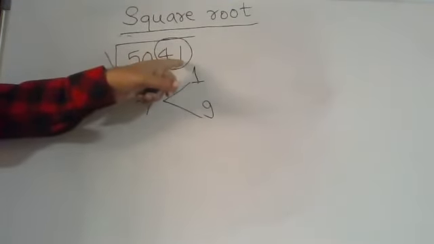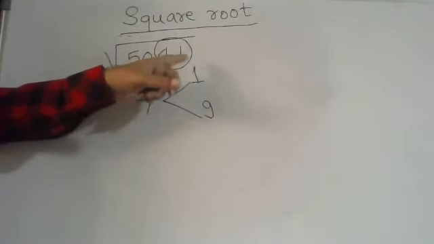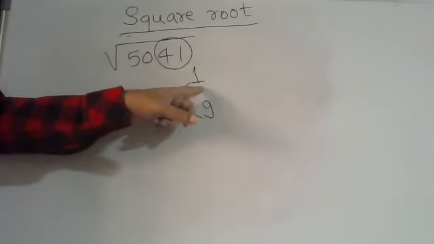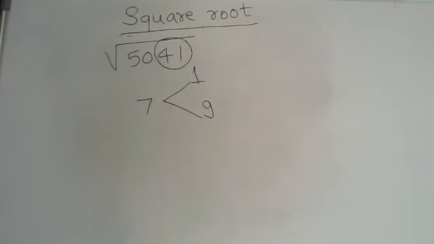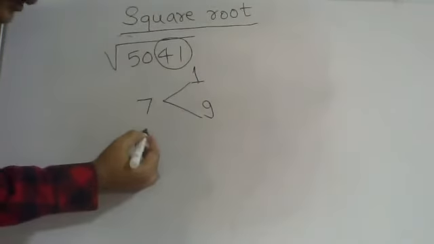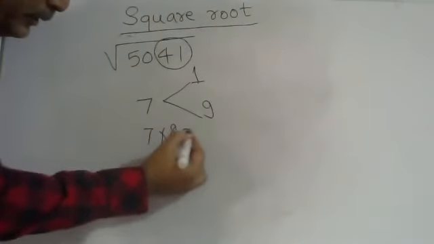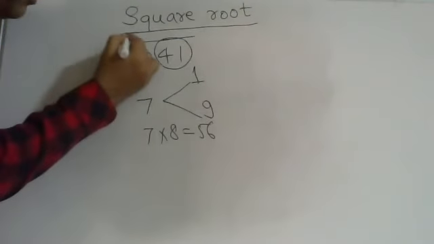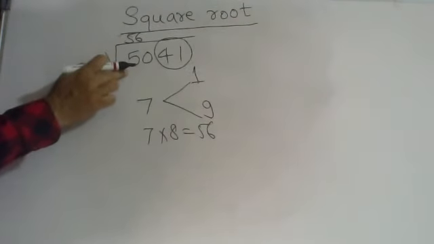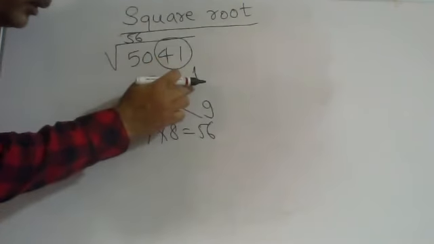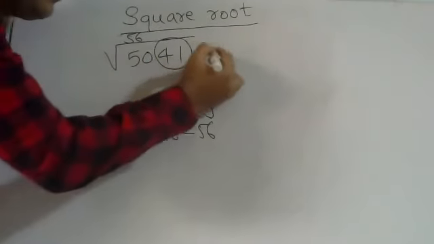So we can get 1 as the unit digit when we are making the square of 1 or 9, square 81. 7 into next number is 56. We'll think about our number 50, that is smaller, so your answer is 71.